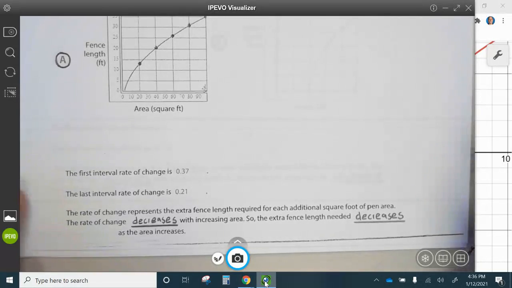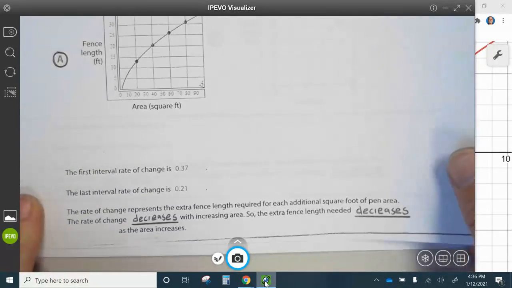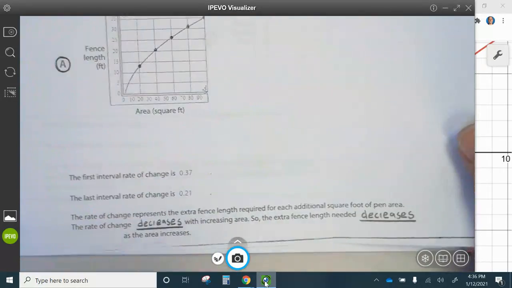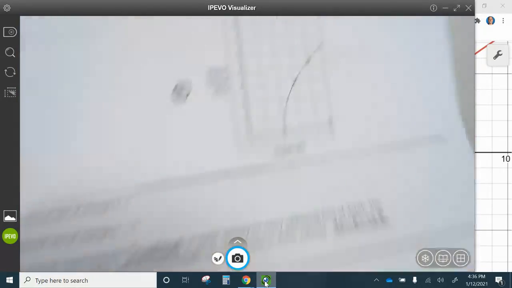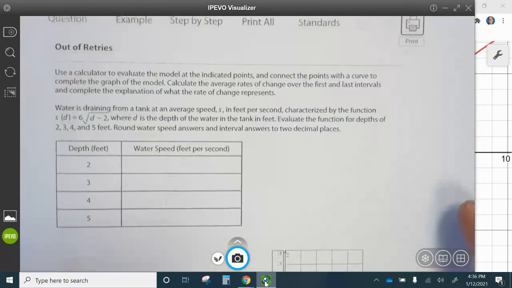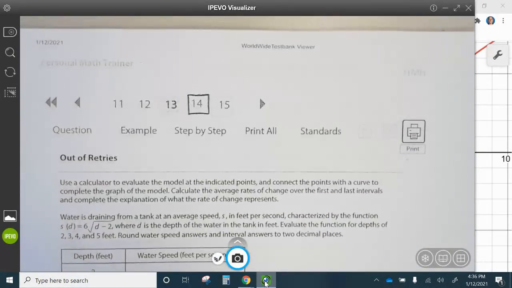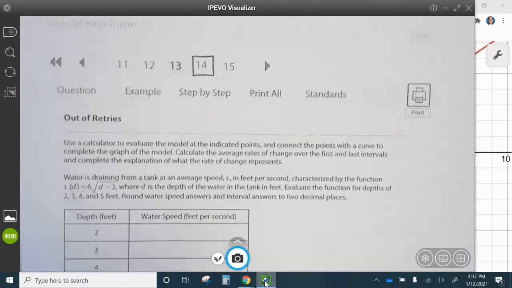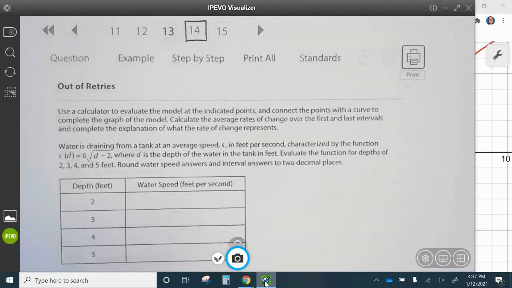All right, let's take a look at the next question. Question 14. Use a calculator to evaluate the model at the indicated points and connect the points with a curve to complete the graph of the model.